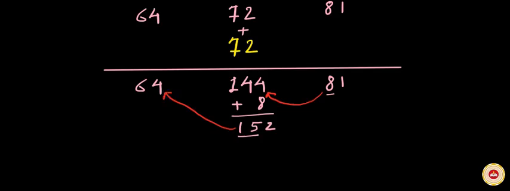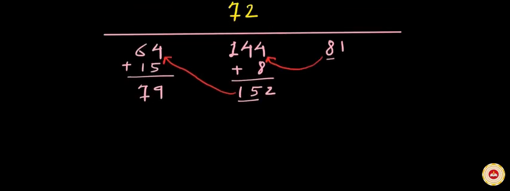So 64 plus 15 is 79. Now we are ready with the answer. Write 79. After that write 2. After that write 1. Because we have passed 8 to this side, calculated and got 152.